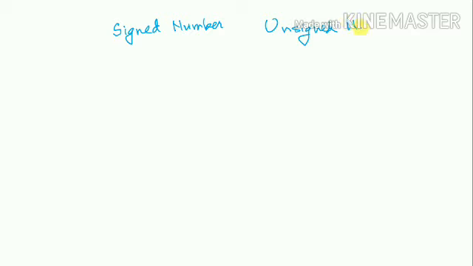Suppose you are writing 5, there is a plus 5 and a minus 5. When the sign of the number is present before the number, that is called a signed number. But if we write only 5, that is an unsigned number.